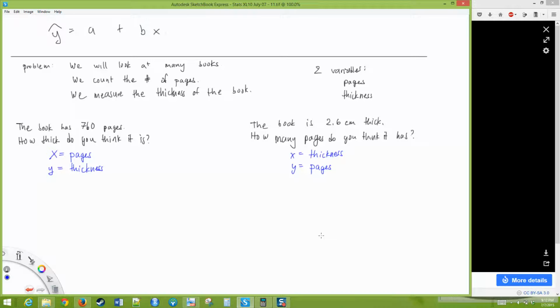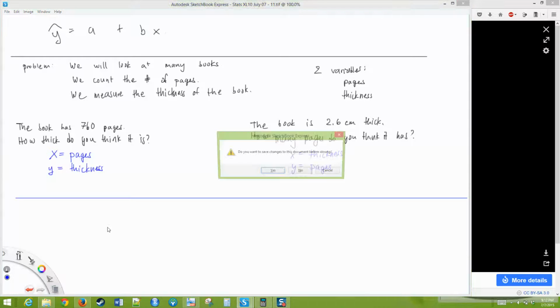Oh, it's going to be in millimeters here. Actually, I'm going to go to the next slide.